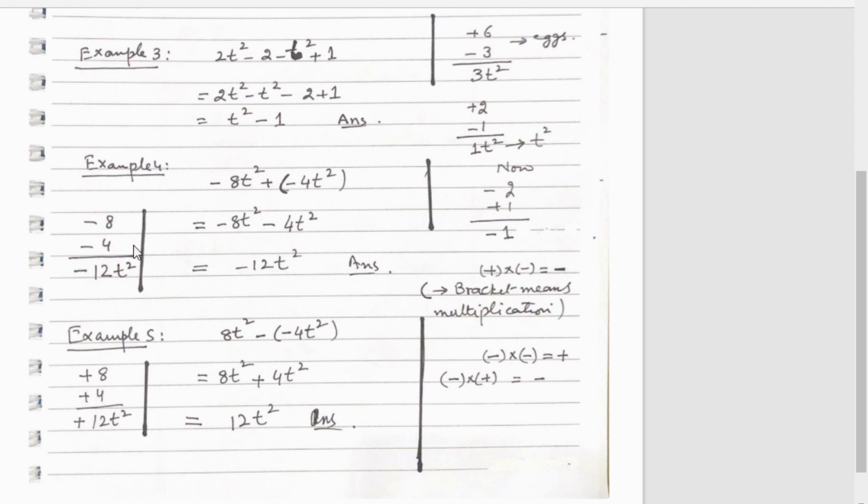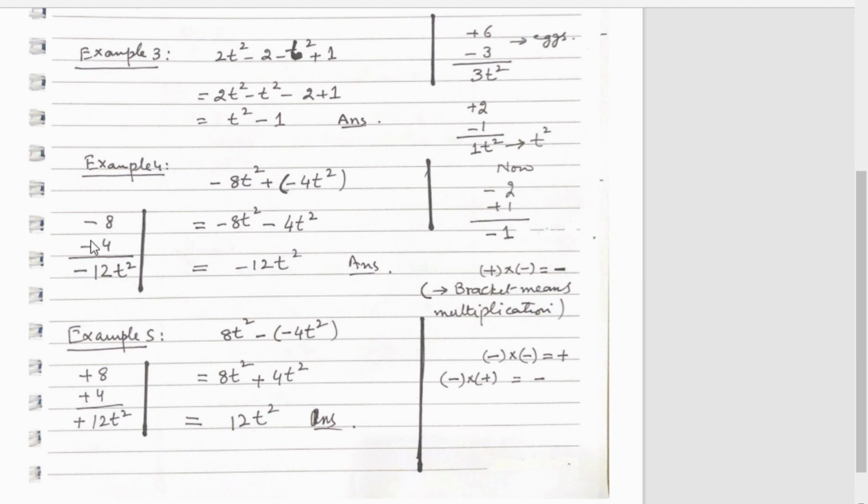I have told you, come to the other side: minus 2 and plus 1. These two numbers have different signs, but these two numbers, 8 and 4, have the same signs. And I have told you before, when we have the same signs and two terms written like this, we will do addition.